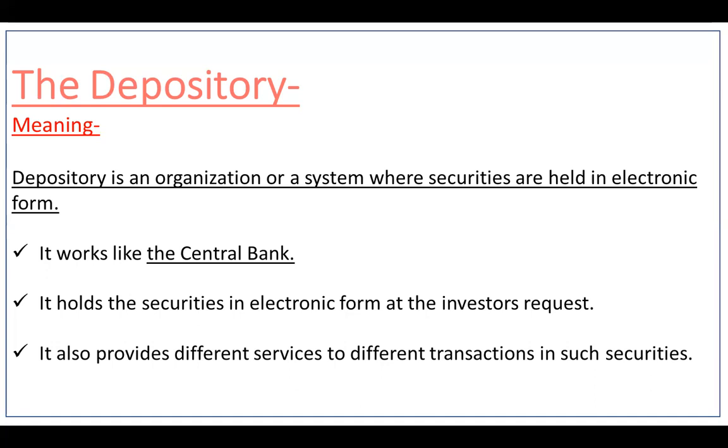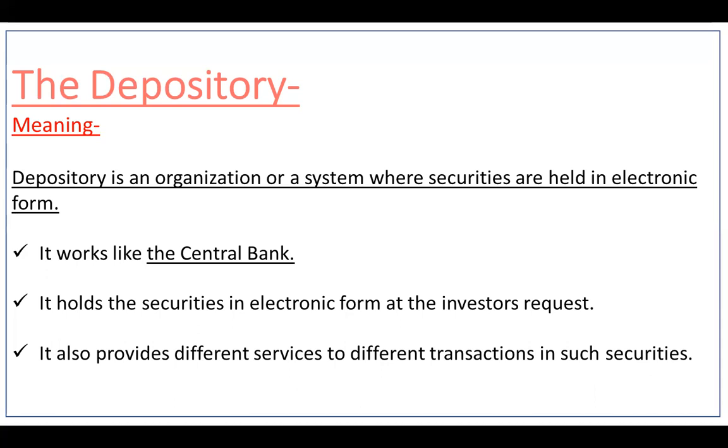Due to holding the securities in electronic form, there are many benefits. The investors can sell the shares at any time. There may be a possibility to change the name. There are different types of services given by the depository.